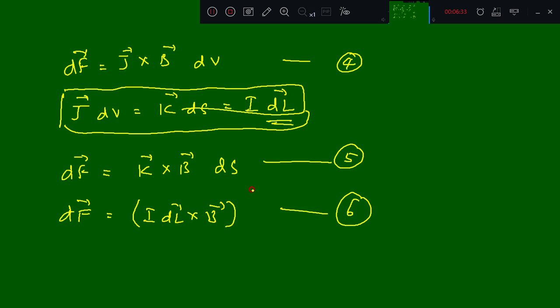Now integrating equation number 4 on both sides over the volume, I am going to get F equal to the integral over volume of J cross B into dv.